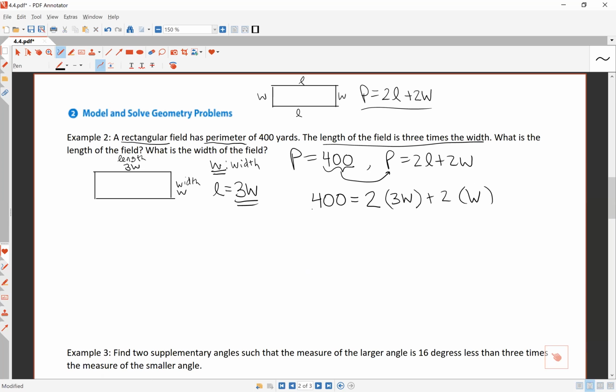Now we have an equation in one variable. 400 equals 6W plus 2W, giving us 8W equals 400. We divide both sides by 8, which gives me W equals 50.